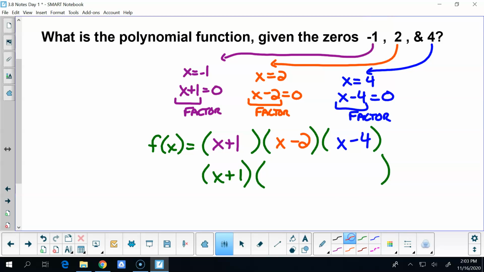These two multiplied out: x times x gets me x squared. x times -4 is -4x. -2 times x is -2x. Combined is -6x. And -2 times -4 is +8.